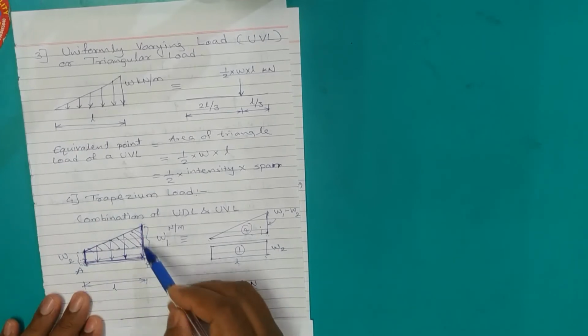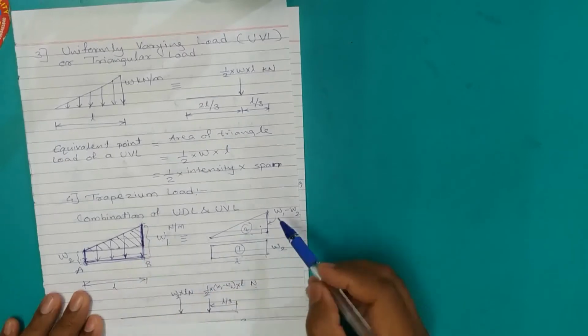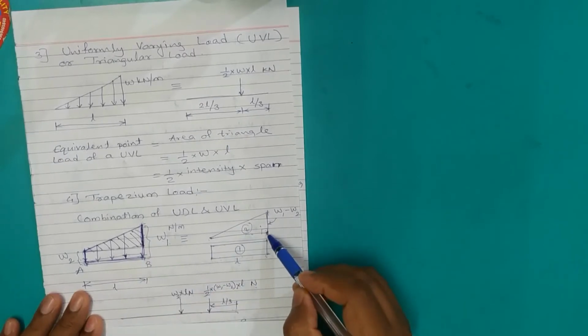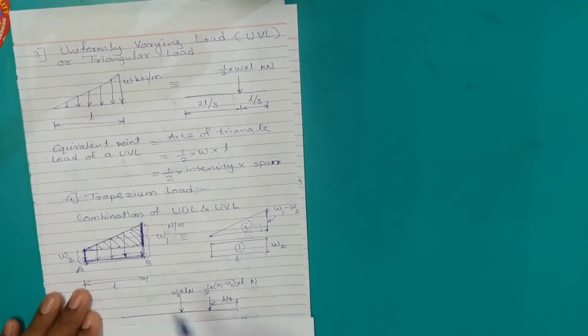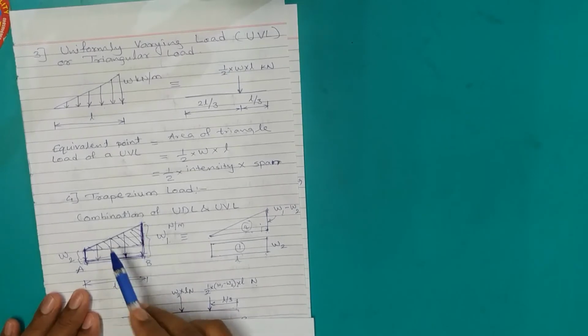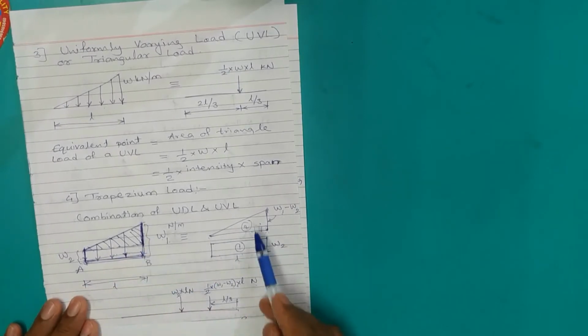So W1 minus W2 gives you the height of the triangle only, and that is the intensity of the UVL, uniformly varying load, W1 minus W2. Now we have split a trapezium into two shapes. One is the rectangle and the other is the right angle triangle.